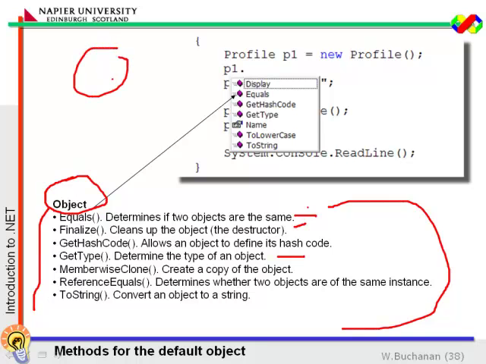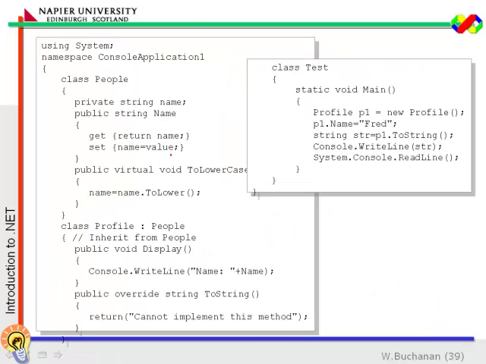And in .NET we can inherit from this object. So we see an example here with an override, and we have a virtual method, and in this case we're overriding the ToString method.